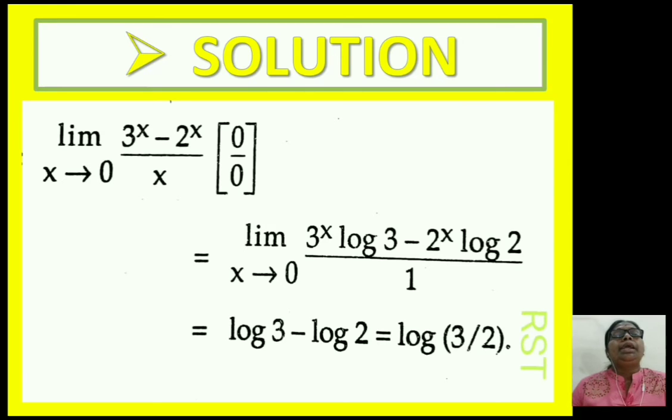That means we take derivative of numerator and denominator separately, so that we get limit x tends to 0 of derivative of numerator, that is derivative of 3 raised to x is 3 raised to x into log of 3 minus derivative of 2 raised to x is 2 raised to x log of 2, upon derivative of x, which is 1, in the denominator.